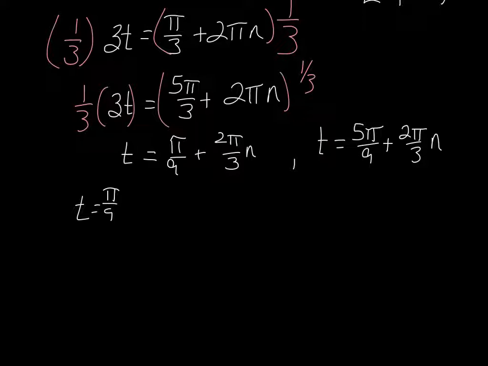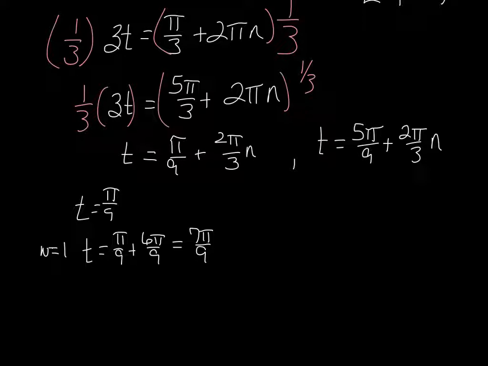What if n is 1? We would have pi over 9 plus 2 pi over 3. That's the same as 6 pi over 9. So we'd have pi over 9 plus 6 pi over 9, and that equals 7 pi over 9.